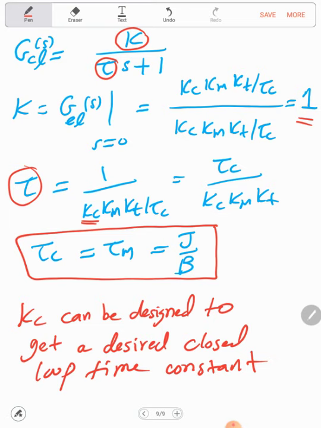So now we have a systematic procedure in order to design the gains of the PI controller.